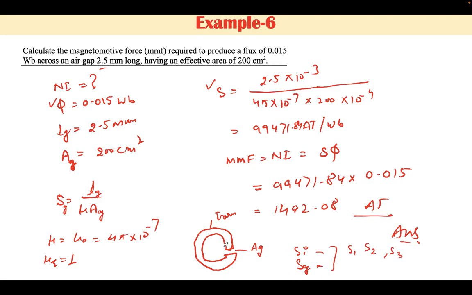The effective area of the air gap will remain the area of this iron piece. Whatever flux is developed in this iron piece, the same flux will pass through the air gap, ignoring the concept of fringing. Then it doesn't matter how many iron paths there are or what flux is given, the concept remains the same. We have to find mmf. Mmf is equal to Ni is equal to S into phi.